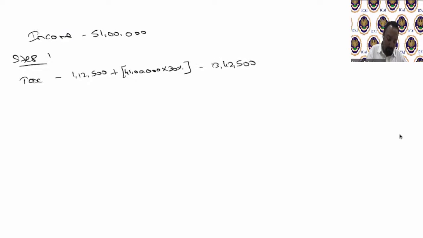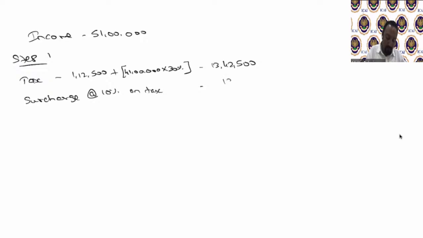Just stop me if I'm wrong, correct me if I'm wrong. So it is 12 lakhs 30,000 plus 1,12,500, which is 13,42,500. Now you have surcharge at 10%, because once it crosses 50 lakhs you have to apply 10% on the tax.